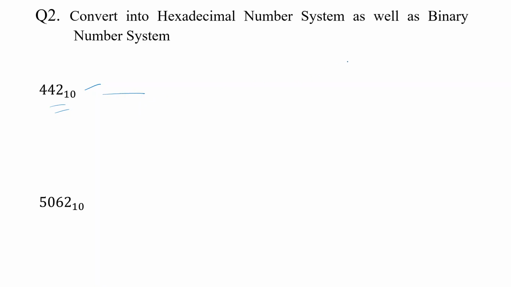You can also convert it into a binary number. If you need a binary number, the length of the number is more. 2 to the power of 0 is 1, then 2, 4, 8, 16, 32, 64, 128, 256 and 512. 512 is not necessary because it is greater than 442.